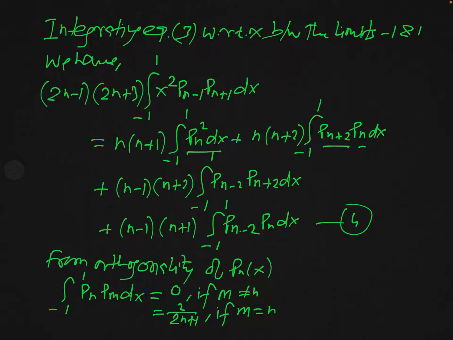Similarly, in the third term, you can see if m is n minus 2, then n will be n plus 2. So they are different, and so this integral will be also 0. And similarly, in the last term, you can see if m is n minus 2, then n is simply n, and so m is not equal to n.